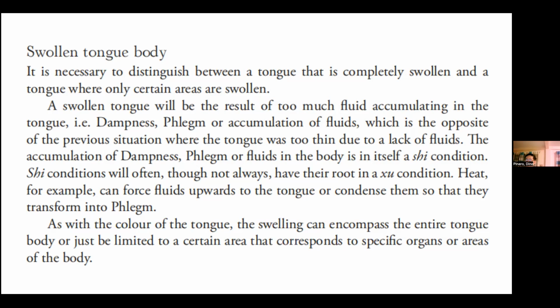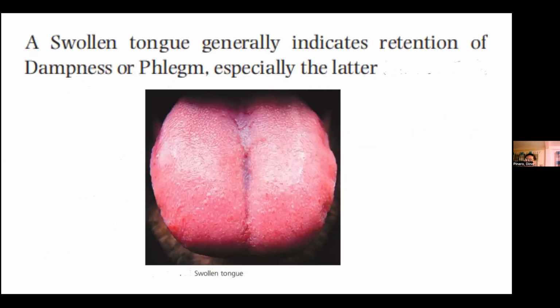As with the color of the tongue, the swelling can encompass the entire tongue body or just be limited to a certain area that corresponds to a specific organ or areas of the body. So here we have a picture. A swollen tongue generally indicates retention of dampness or phlegm, especially the latter. So ito po yung swollen tongue picture.